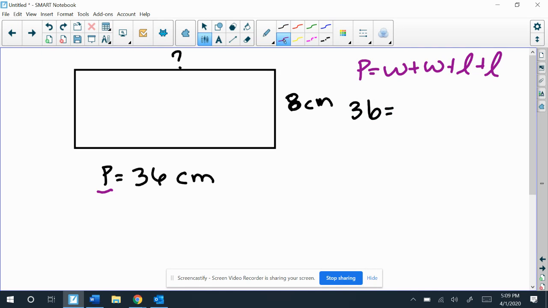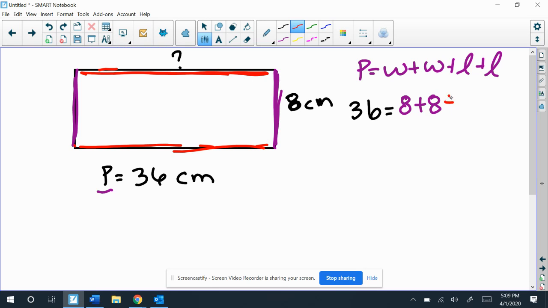I know that my width right here is 8. But if I have 8 right here, I also have 8 over here, so I can do it twice. But I do not know what this missing length is. So I'm just going to put L for it.